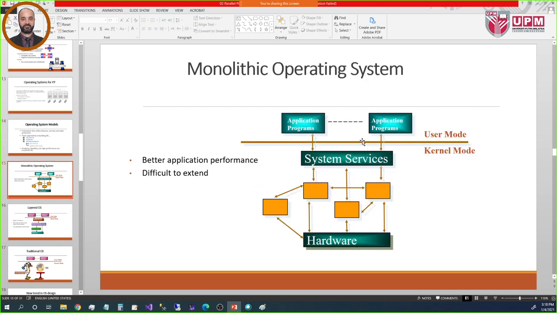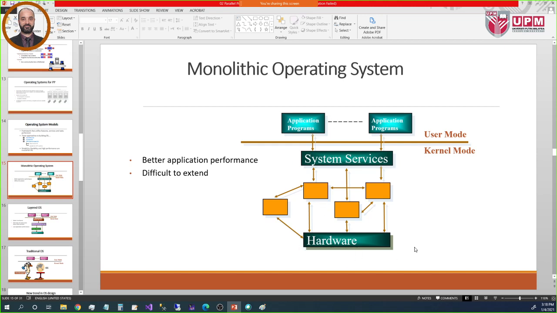Okay, let us go to the monolithic operating system. Monolithic operating system is the operating system that's very tightly connected or linked to the hardware, similar to, for example, Windows or the personal operating systems.